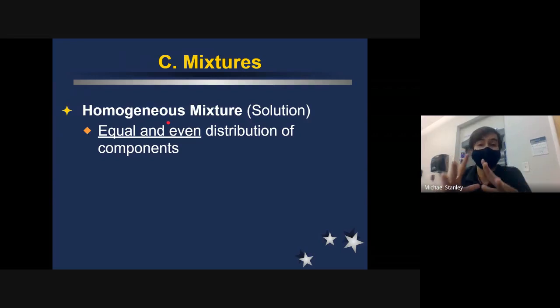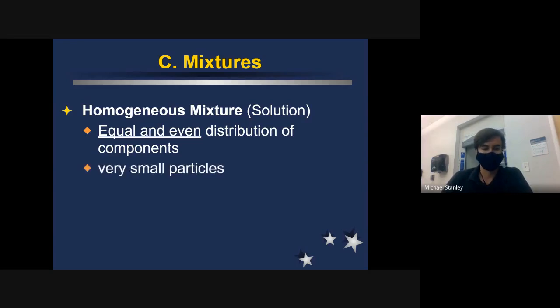The one big thing to remember about a homogeneous mixture is all of the different particles are equal and even. So there's the same amount of them and they're evenly distributed all throughout the mixture. In general, mixtures are only homogeneous when they have very small particles, because the very small ones are easier to make even and equally distributed throughout.